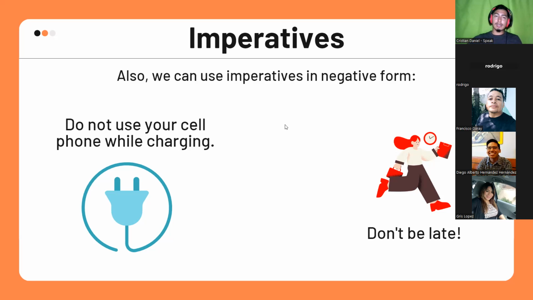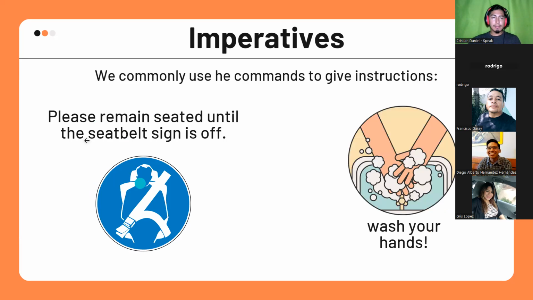Very good. As you can see over here, we have two clear examples of imperatives in negative form. As you can see, we just need to use "do not" or "don't," okay? Since imperatives, guys, are used in a present form. Look at these examples. Remain seated until the seatbelt sign is off.